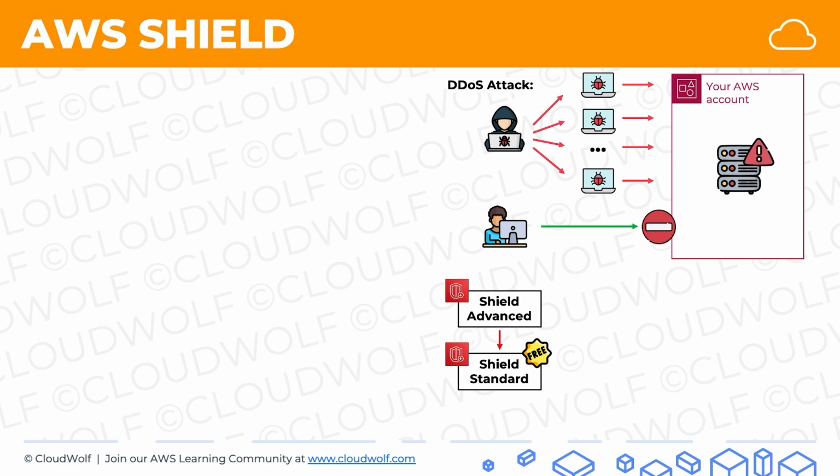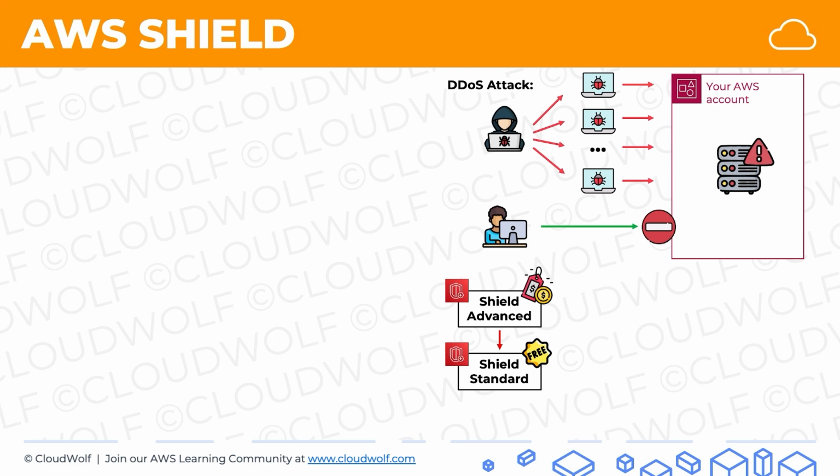And then there is Shield Advanced. This one is more sophisticated. It protects from more sophisticated attacks, but it is pricey. At the time of recording, it's about $3,000 per month, and you have to commit to 12 months. So it is quite expensive, but it does give you additional protection and also gives you access to 24/7 support with the AWS DDoS Response Team.